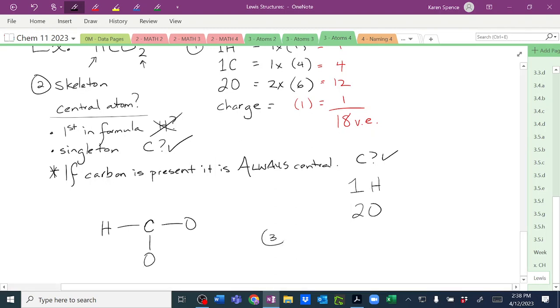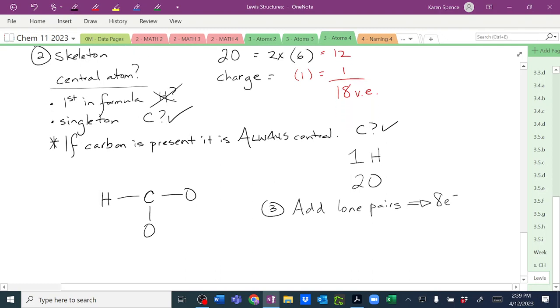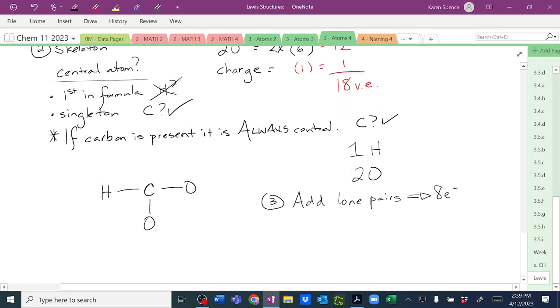Step number 3. Add lone pairs until we have 8 electrons. And we can go through each atom and we can say, does hydrogen need any lone pairs?